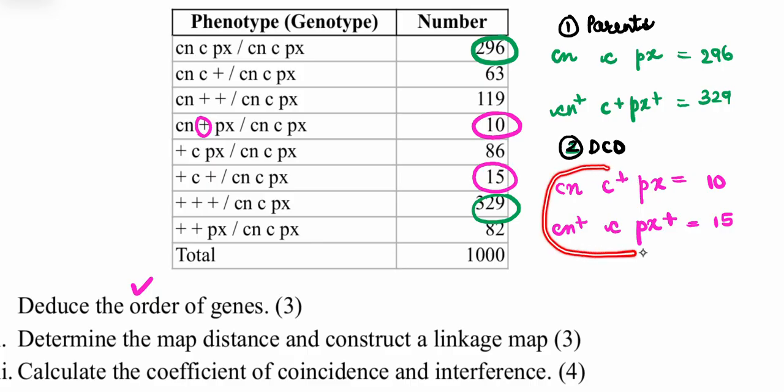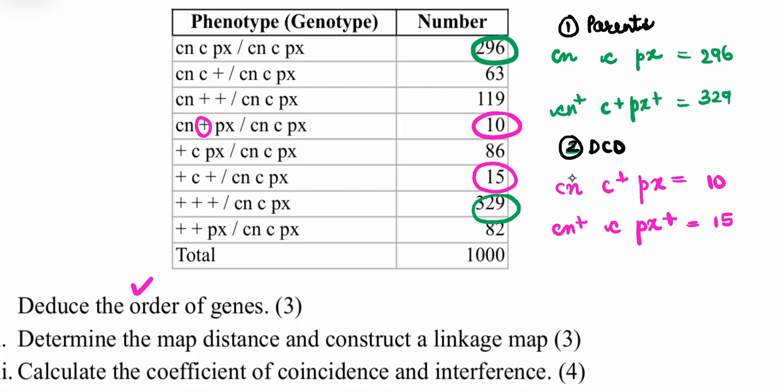In the genotype of the two double crossovers, take one gene which, if you interchange, you get the exact parental genotype. So if I interchange this C plus and C, I can get the exact parental genotype. So that gene whose interchanging results in the exact parental genotype would always be in the center.